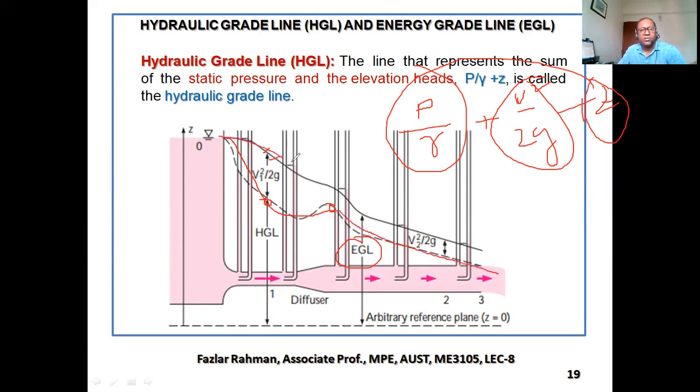Then the summation of all three, you get this line. So how do we see it? The bottom one is the summation of pressure and potential energy, P by gamma plus Z. And this one, all three, that means the difference, this much distance, represents the kinetic energy of the fluid. Okay.